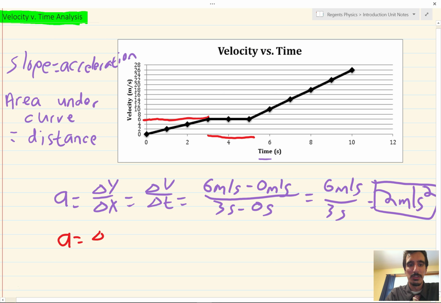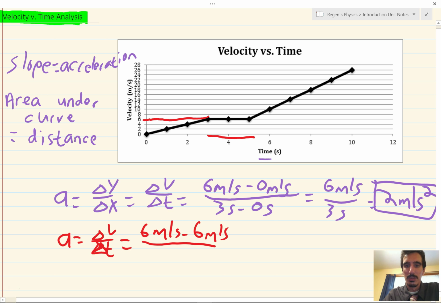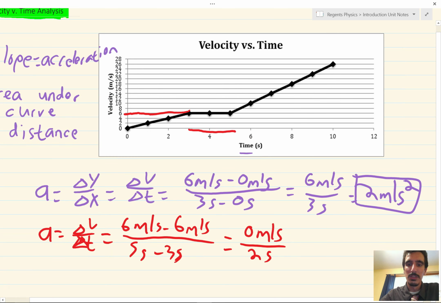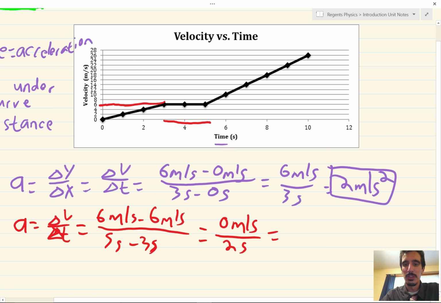So acceleration, change in velocity over change in time, is equal to 6 meters per second minus 6 meters per second, all over 5 seconds minus 3 seconds. 6 minus 6 is 0 meters per second over 2 seconds, which gives us 0 divided by 2 is 0 meters per second squared.